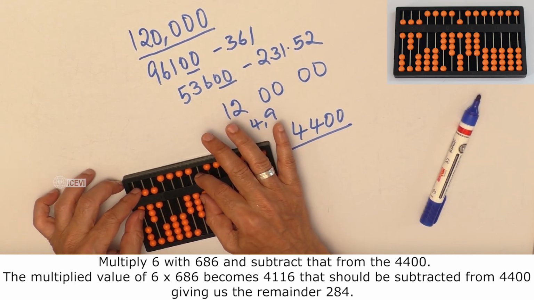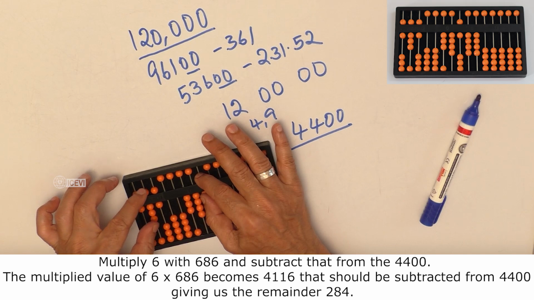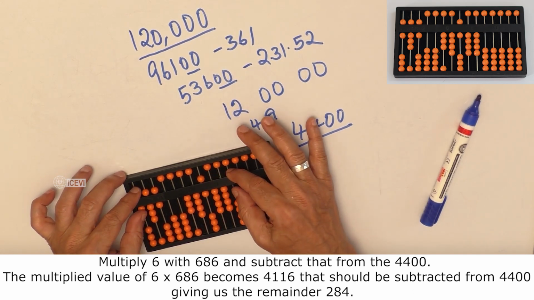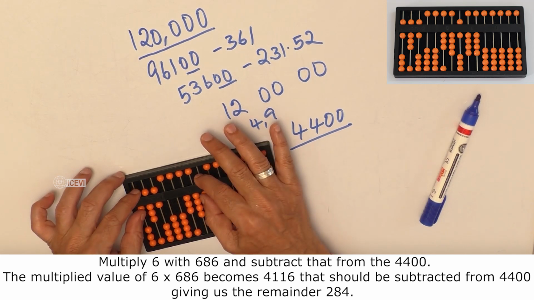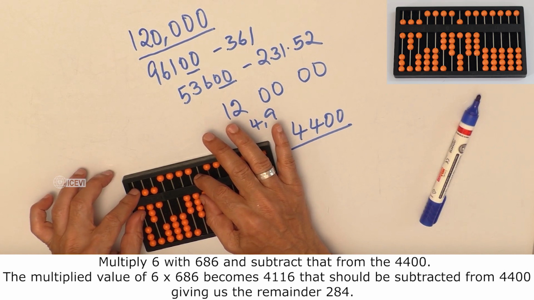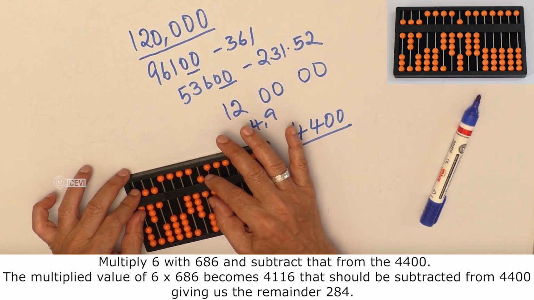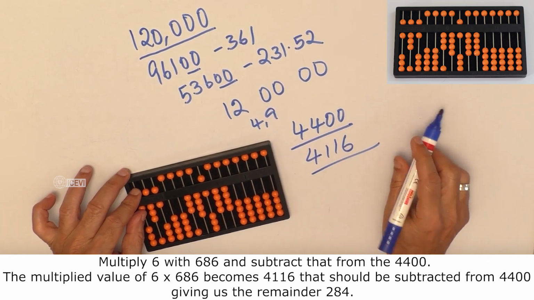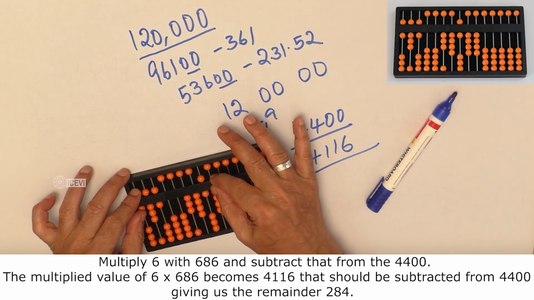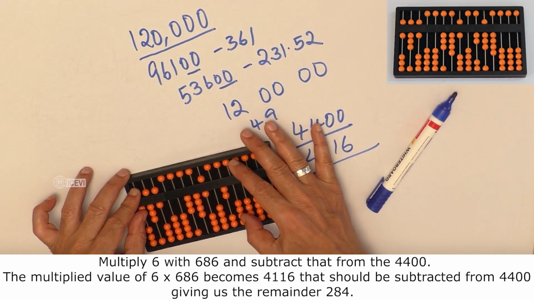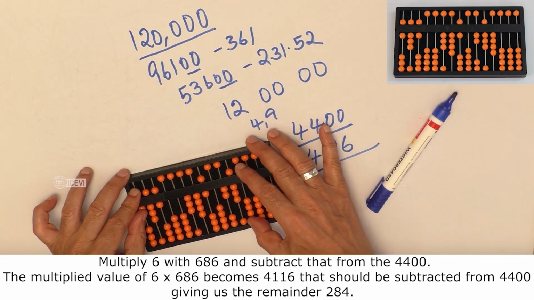Multiply 6 with 686 and subtract that from 4400. The multiplied value of 6 multiplied by 686 becomes 4116, and when you subtract this from 4400 you get the remainder as 284.